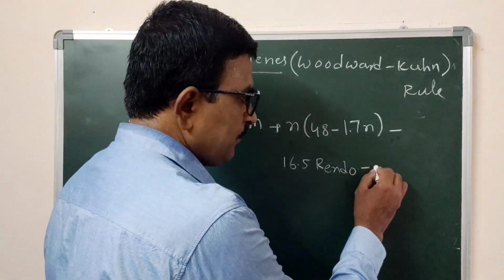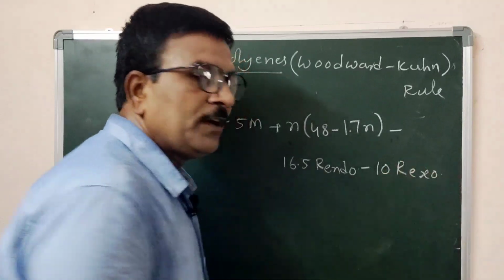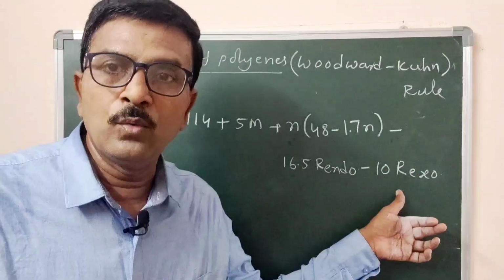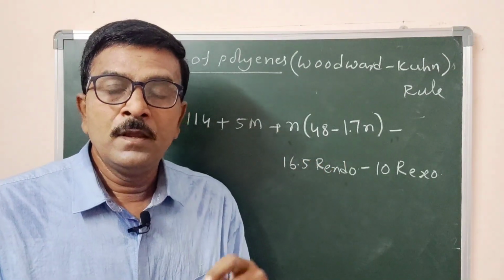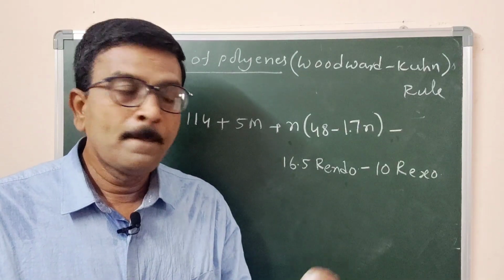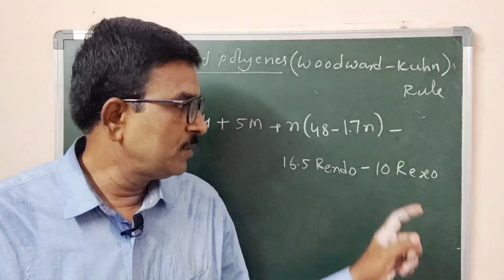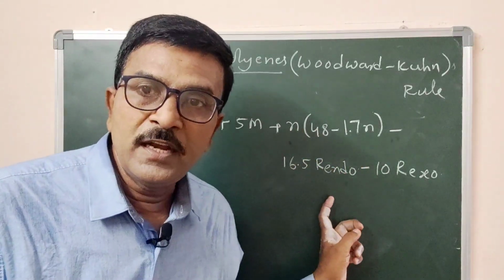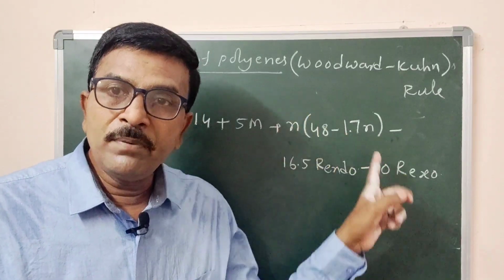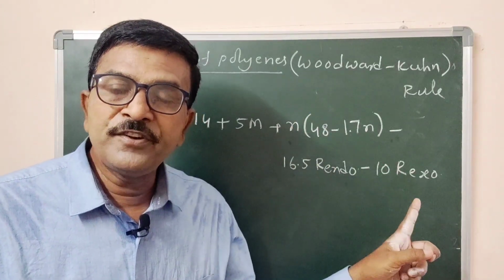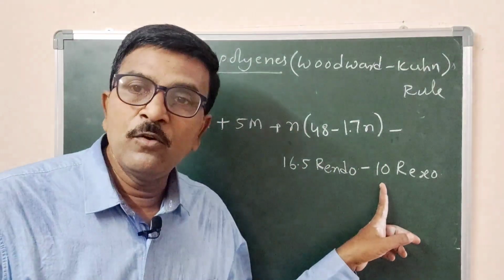Again, minus 10 into R exo. Similar to endocyclic double bonds, in polyenes R exo stands for number of exocyclic double bonds. Similar to endocyclic, the exocyclic double bonds in a polyene again shift the absorption maxima towards hypsochromic by 10 nanometer.